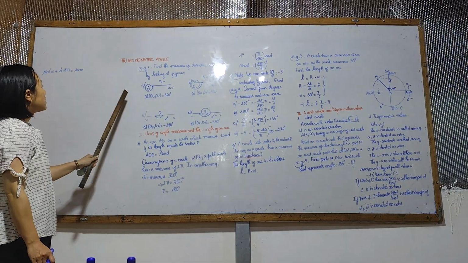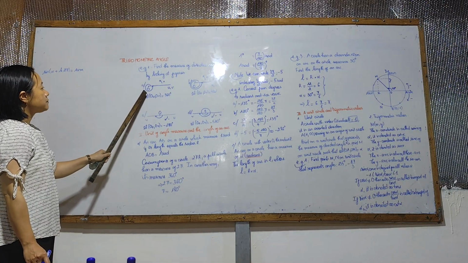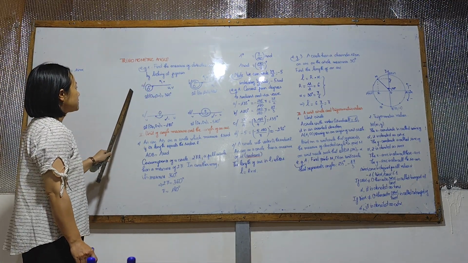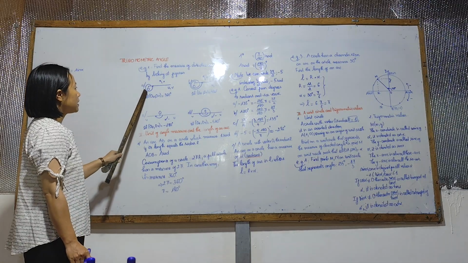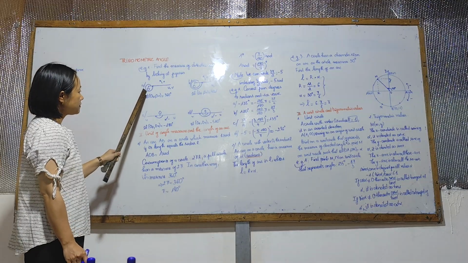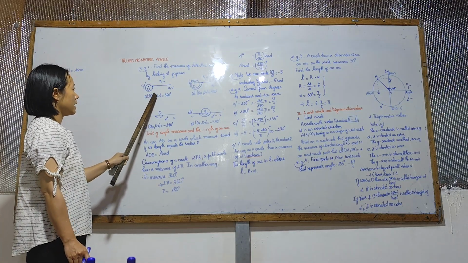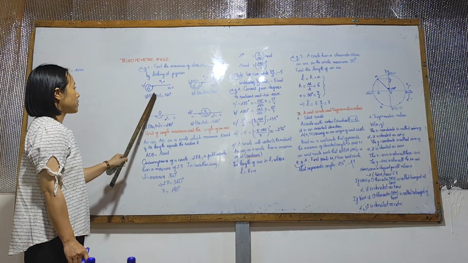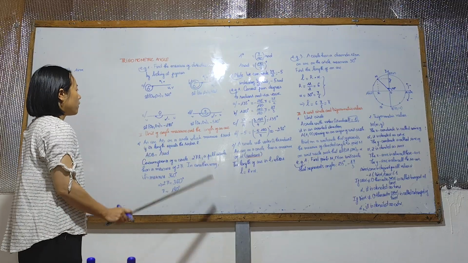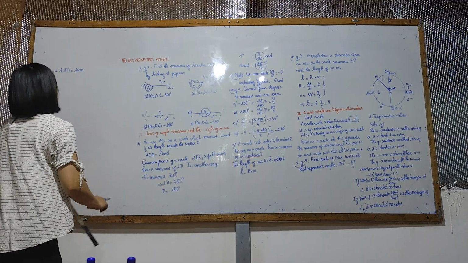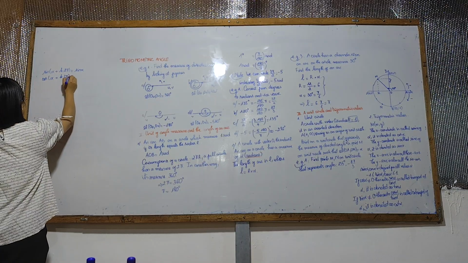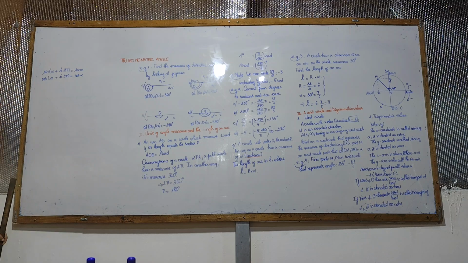Yes, with the same ray OU, OV, we can have infinitely many directed angles that have the same initial ray OU and the same terminal ray OV, in A and B, or C and D. So we can write this equals cosine alpha.